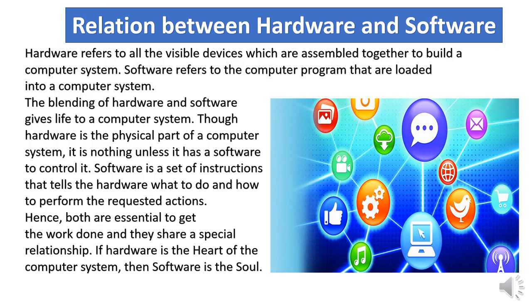Software is a set of instructions that tells the hardware what to do and how to perform the requested action. Hence, both are essential to get the work done, and they share a special relationship. If the hardware is the heart of the computer system, the software is the soul of the computer system.